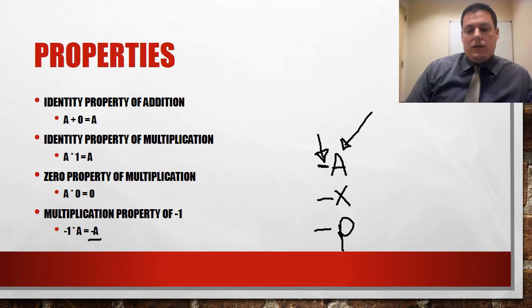If the variable is negative, so if A were to equal -3, this whole thing would actually be positive because you'd have the opposite of -3, which is really the same as just 3. So you don't want to use the word negative if a minus sign is in front of a variable. You want to use the word opposite.